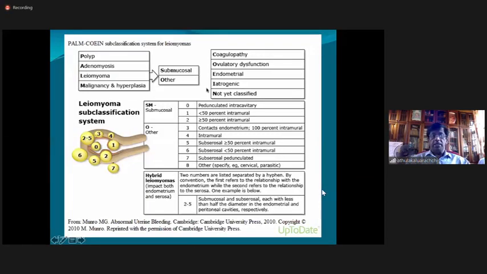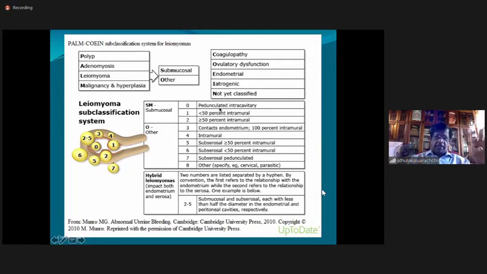And then in this classification, which you have heard of with abnormal uterine bleeding, leiomyoma has a sub-classification. That basically depends on how much of the fibroid projects into the cavity.